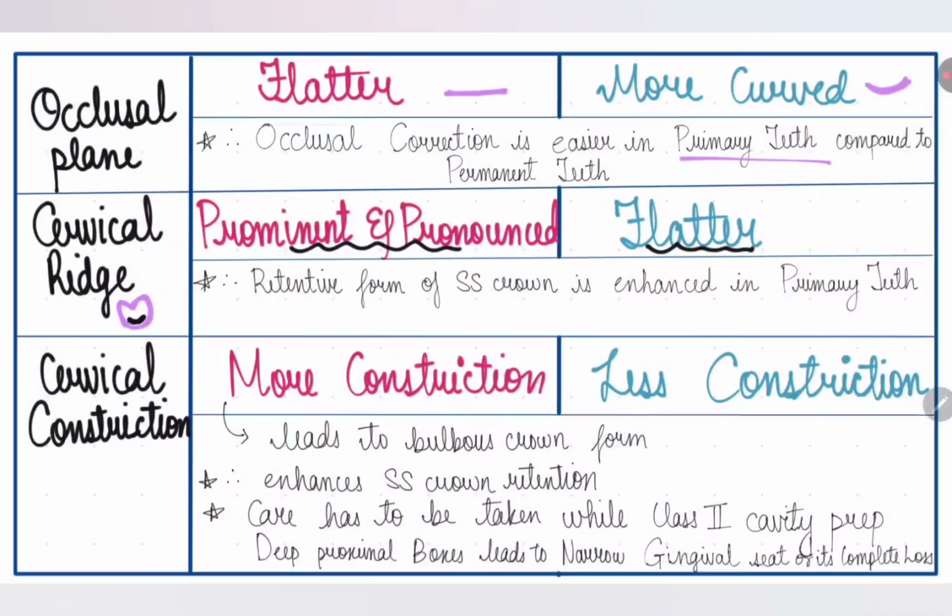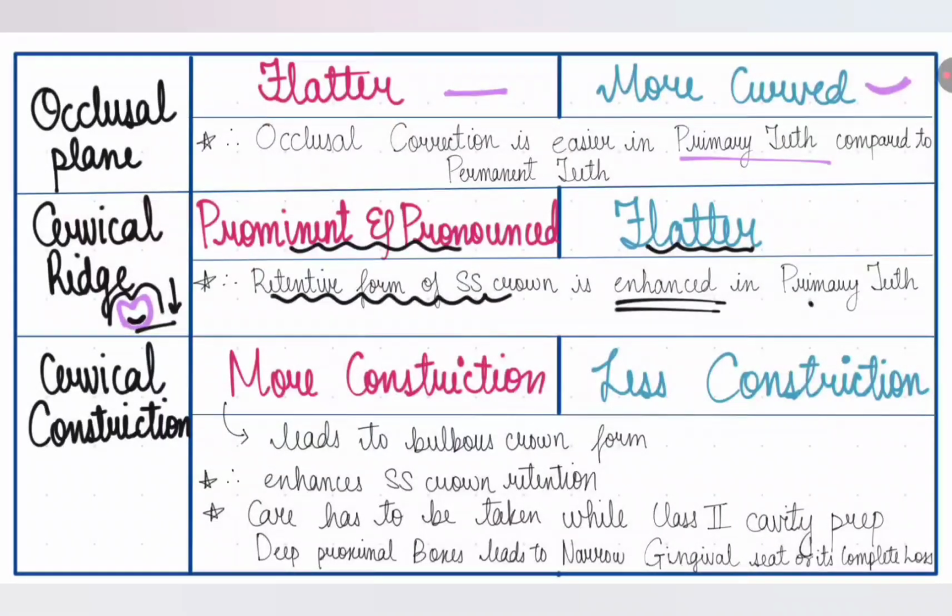Due to this, the retentive form of the stainless steel crown is enhanced in the primary teeth. I hope we are clear here. There is a ridge and there is improved retention of the stainless steel crown due to this ridge. When a crown is seated on it, there is improved retention compared to the permanent teeth.